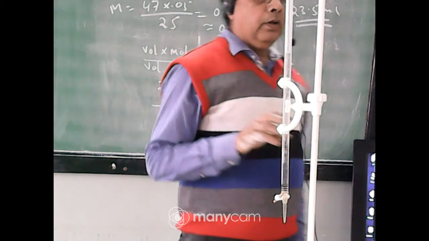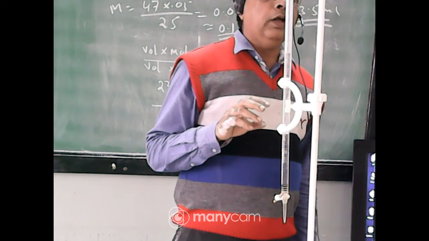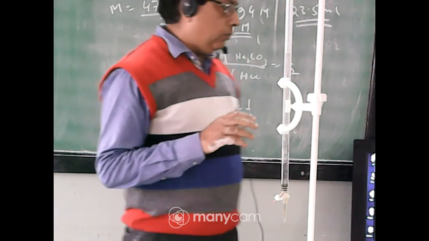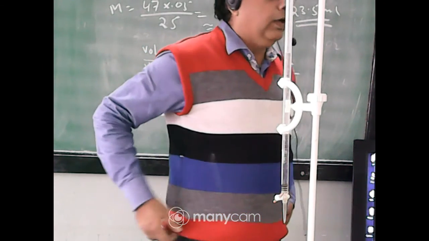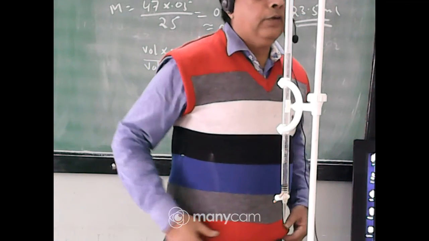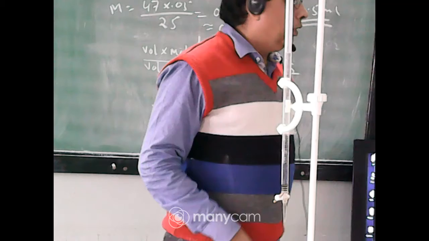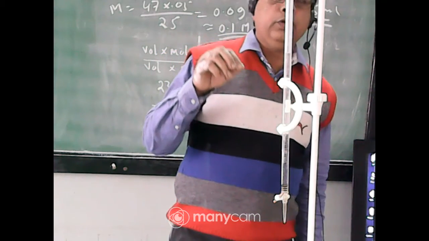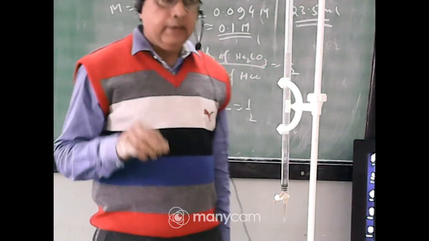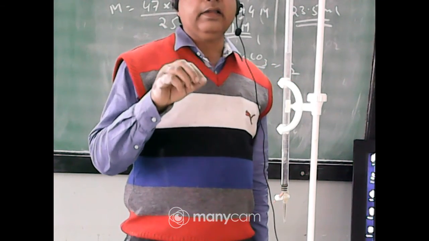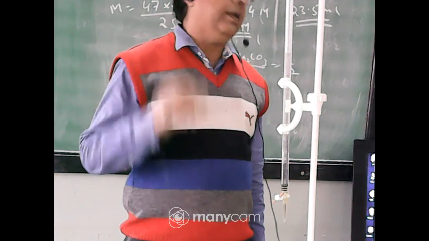You must buy the lab manual from school, and from today onwards, all the classes that I take will be practical classes. In the first class, I performed the titration between sodium carbonate and HCl. In the next class, the titration between oxalic acid and NaOH.